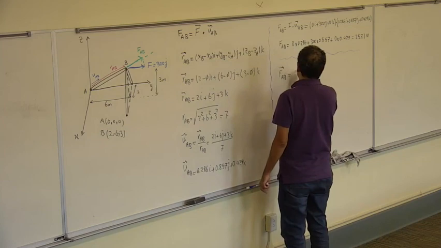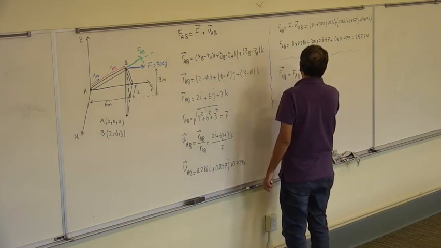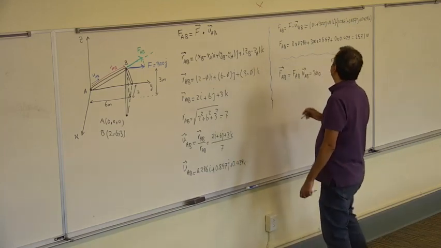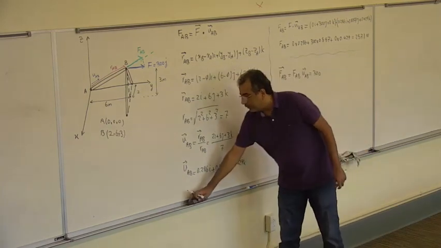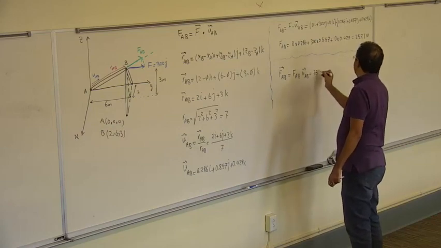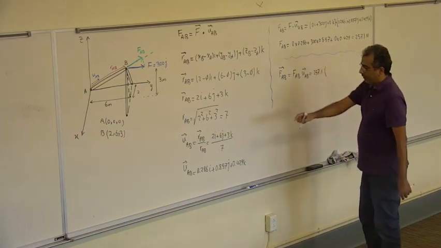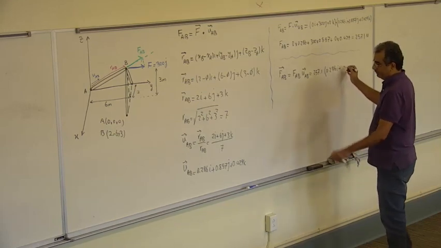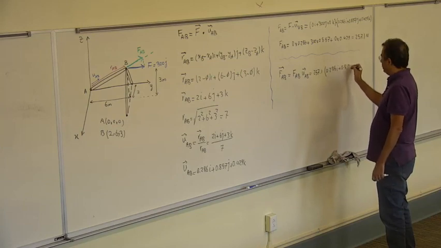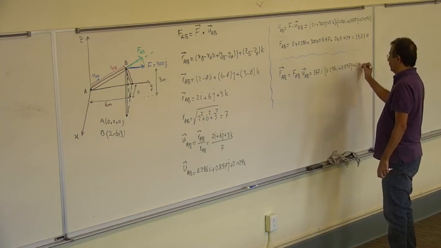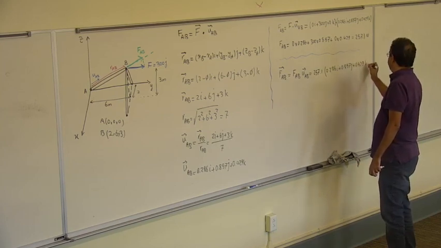So it's going to be its magnitude times the unit vector along the AB, which is 257.1 times 0.286I plus 0.857J plus 0.429K.